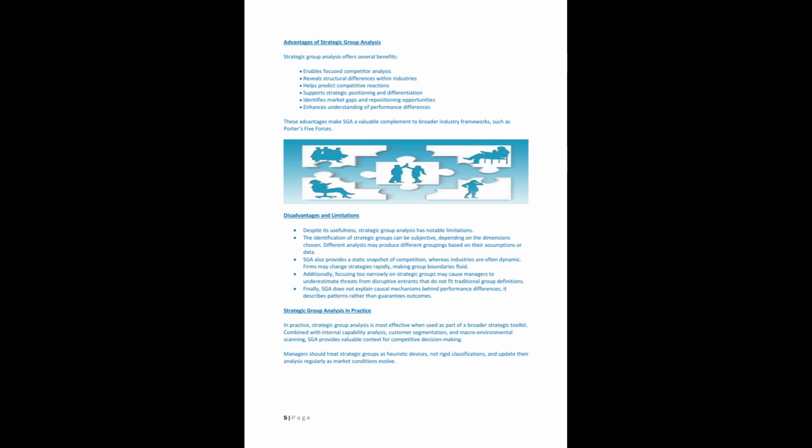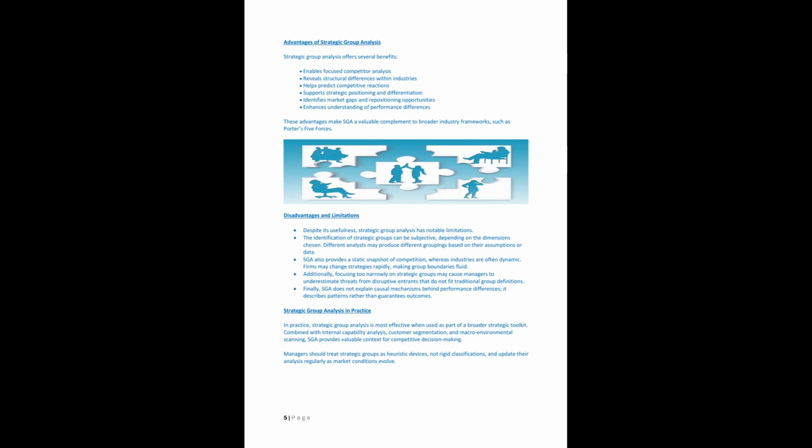This approach assists in predicting how competitors might react to strategic moves, supporting clearer positioning and differentiation efforts. It can identify gaps in the market where opportunities for repositioning exist, and it helps explain why some firms perform better than others within the same industry. Because of these benefits, strategic group analysis works well alongside broader tools like Porter's 5 Forces.